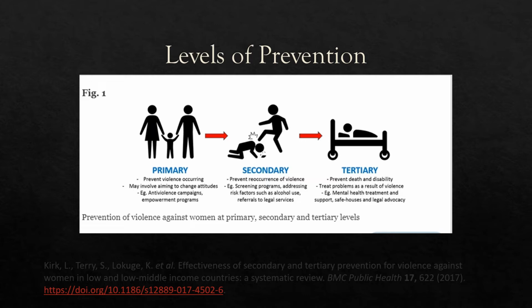And also moving families out of the cycle of violence were all considered tertiary factors. So I threw this in here because I think it's a good example of how you can think outside of the individual and more in terms of population when you're thinking about levels of prevention.